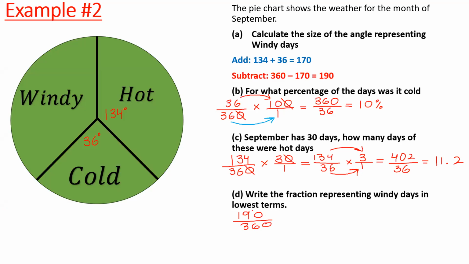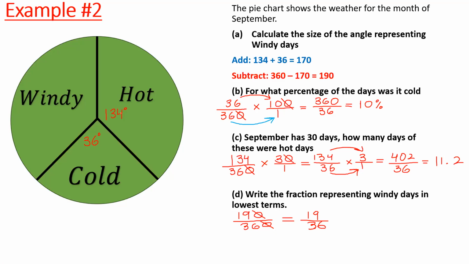We have to cancel out the zeros. This 0 cancels with that 0. That's going to be equal to 19 over 36. Now, is this in lowest terms or could we go lower?